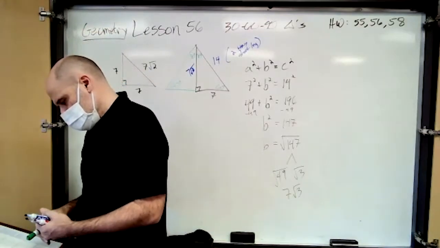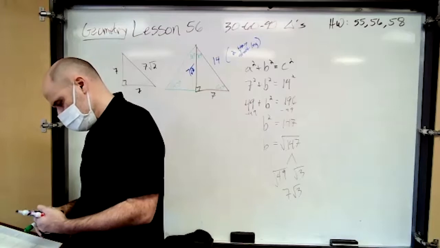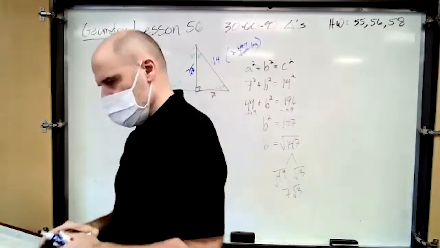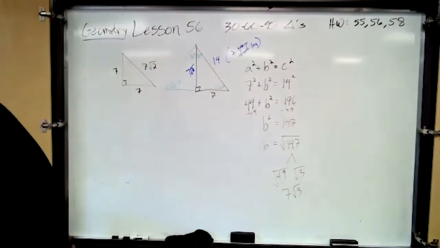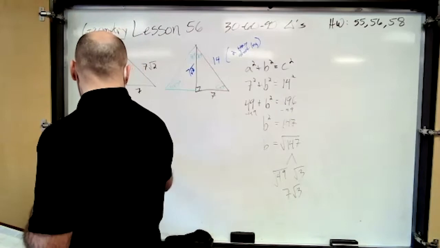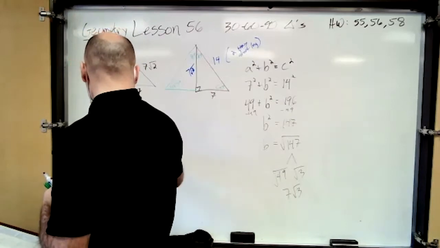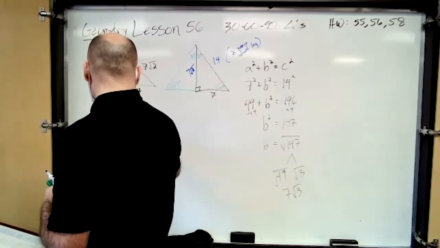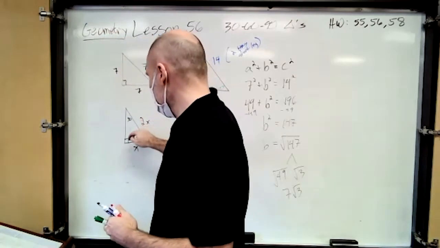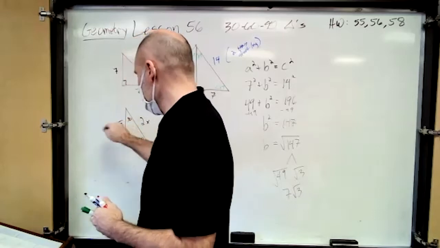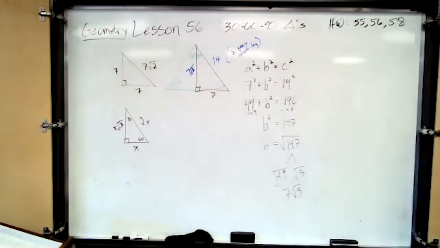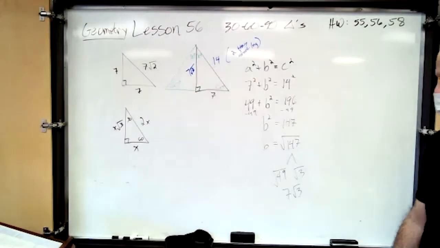Okay? So if I did this generically, in a 30, 60, 90 triangle, if this is x, this is going to be 2x, and this is going to be x radical 3. You can put any number for x, except 0, I guess, or any negative numbers.